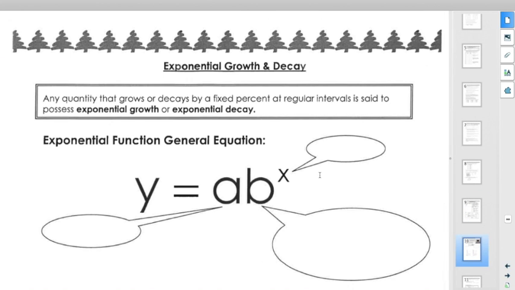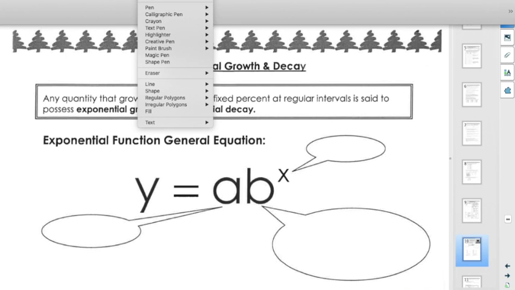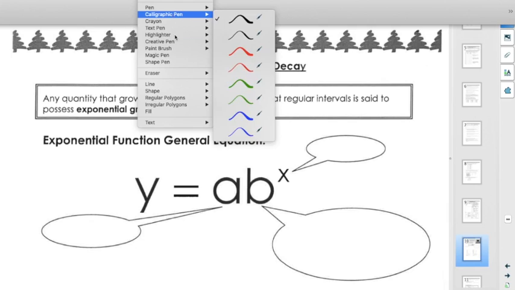Exponential growth or decay. What do each of these mean? Let's reiterate, because this is super important. It's probably why it's so huge on the paper. Any quantity that grows or decays by a fixed percent. Oh, there's that word, fixed percent.